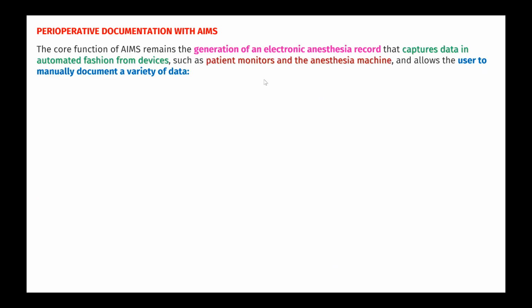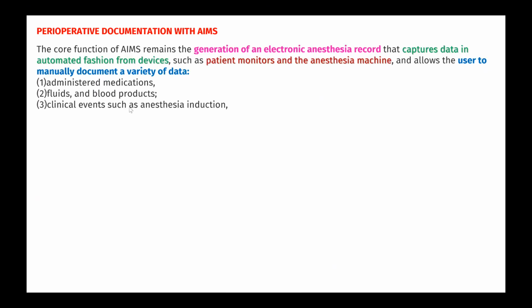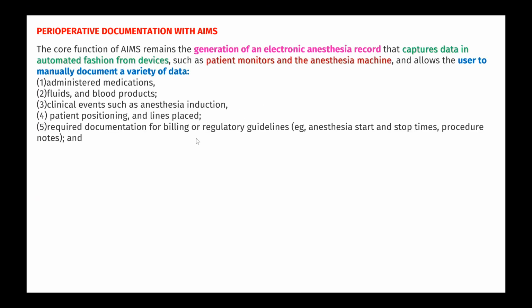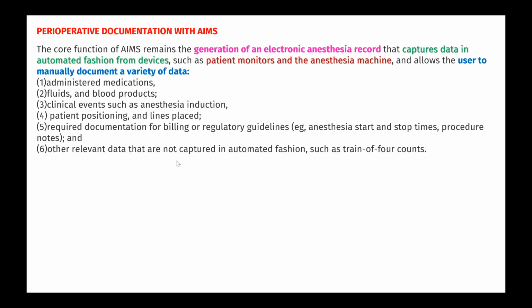Instead of doing it manually, you can always go from the machine directly to the record, which will take care of administered medications, fluids and blood products, clinical events such as anesthesia induction, patient positioning and lines placed, required documentation for billing and regulatory purposes, everything. Other relevant data that are not captured in an automated fashion, such as train of four, supposing you use a nerve stimulator which is not used in a regular fashion, you can include by adding the data.